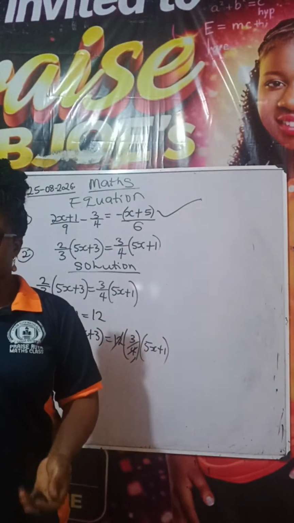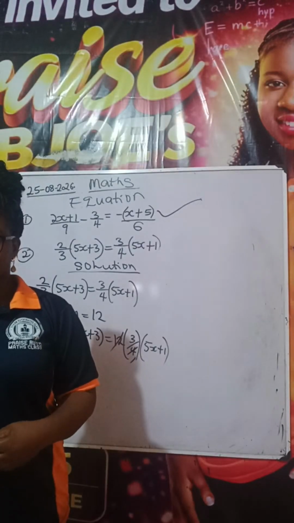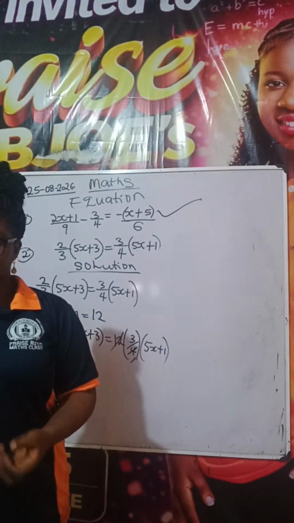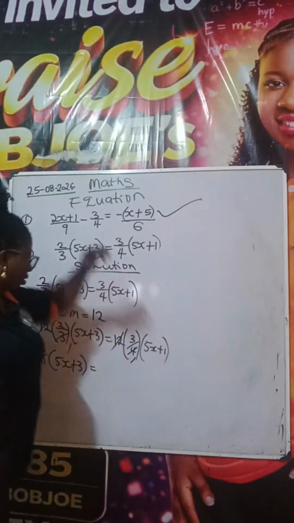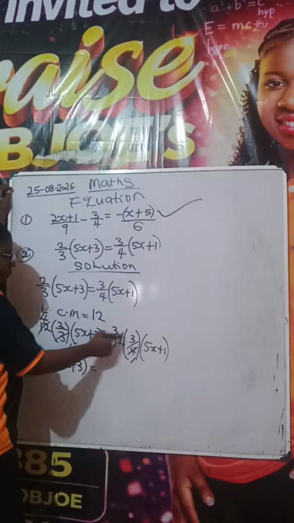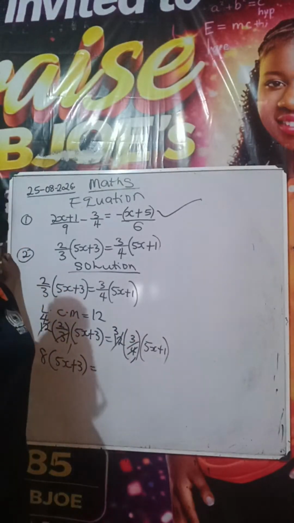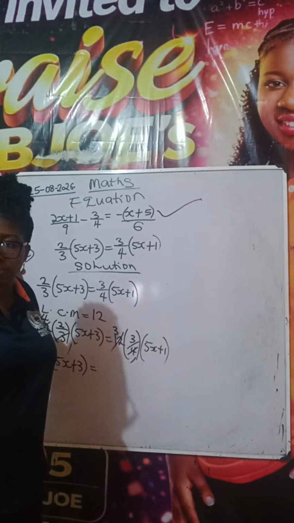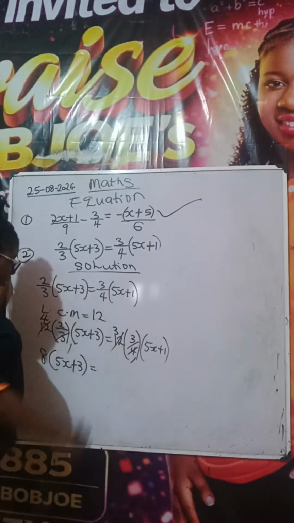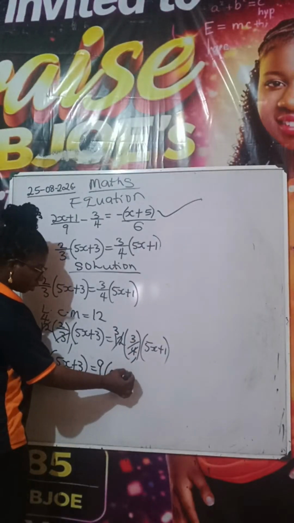What do we have? 3. So multiply this one outside. 3 times 3 first. 9, correct. So we have 9 multiplying 5x plus 1.